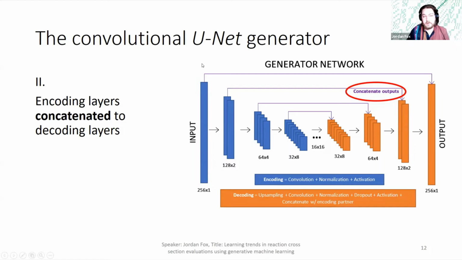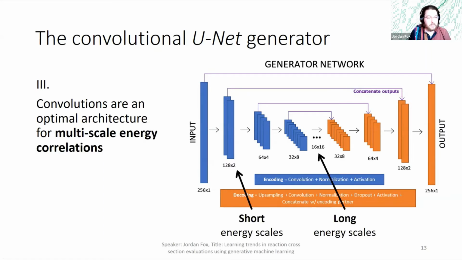So what we do as part of the UNet design is take the outputs of the encoding layer, go to the corresponding layer in the decoding sector, and concatenate that to the input of the decoding. Basically, this can greatly speed up training, because your decoding sector has a reference at every point of what that same piece of data looked like when it was being encoded. So that can accelerate training quite a bit.